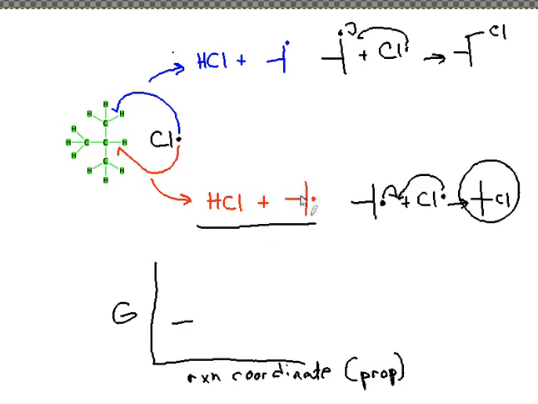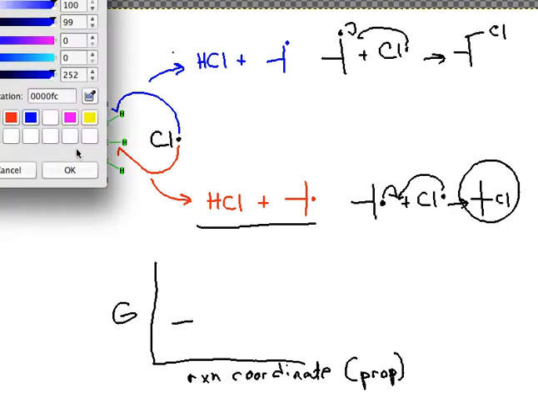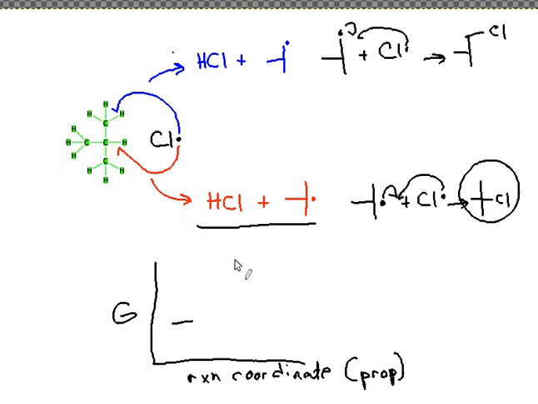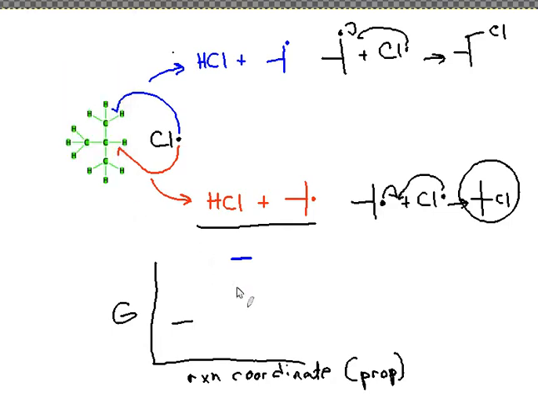Now, we've said that the tertiary radical is more stable than the primary radical, and so we can indicate that on our reaction diagram by putting our primary alkyl radical as having higher energy than our tertiary radical.